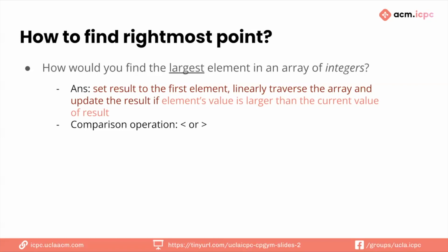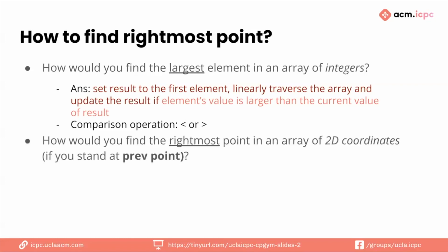So we can actually use the same approach for finding the rightmost point in an array of 2D coordinates. If we are standing at a different point, let's call it previous point, because we are going to do that iteratively. So imagine you're standing at previous point, you're given n points in the plane, and you want to find the rightmost one.